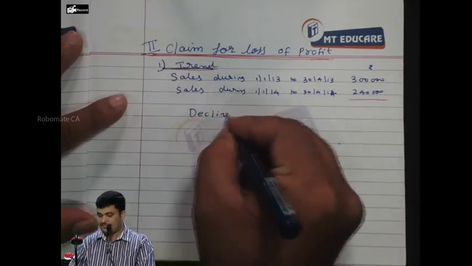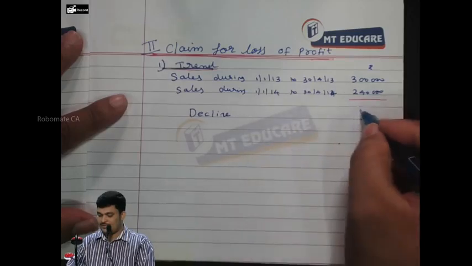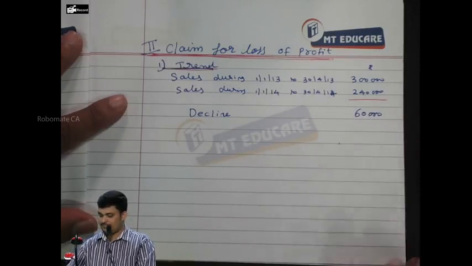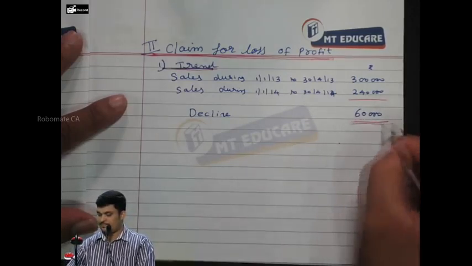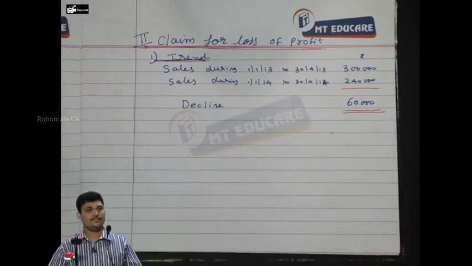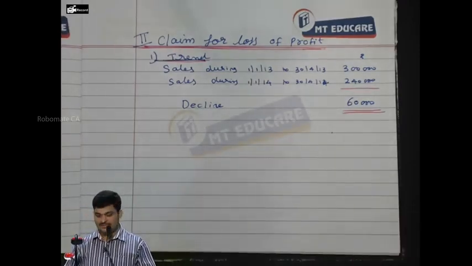Decline: how much? 60,000. The decline is 60,000.